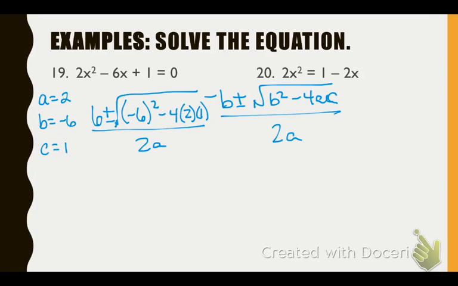So 6 plus or minus the square root of 36 minus 8, all over 2a, or 4.